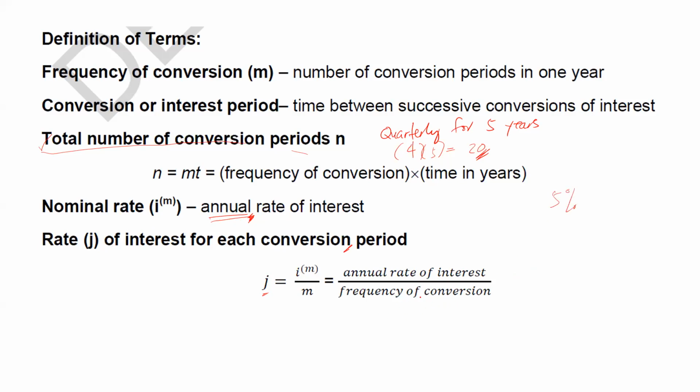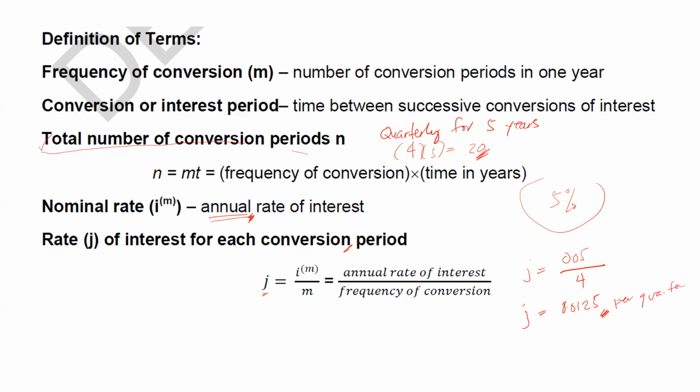For quarterly, your j there, since 1 year is 5% or 0.05, per quarter, since the frequency of conversion of quarterly is 4, your j here is 0.05 divided by 4. That is 0.0125. This is the rate of interest per quarter.